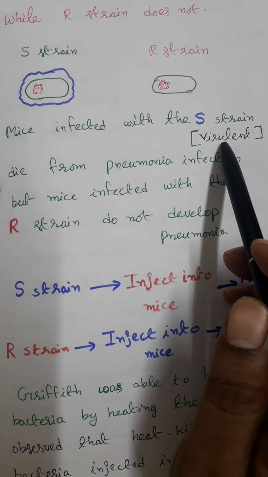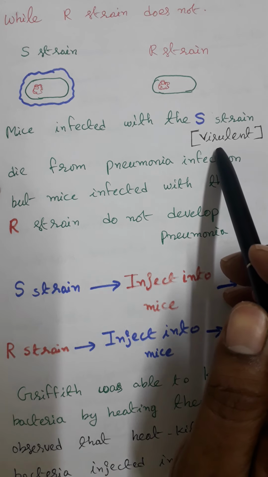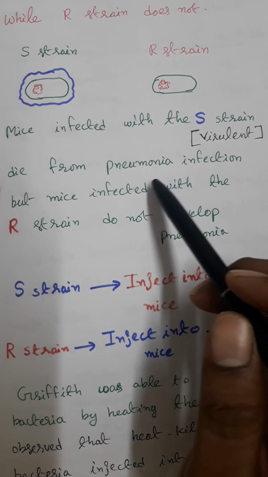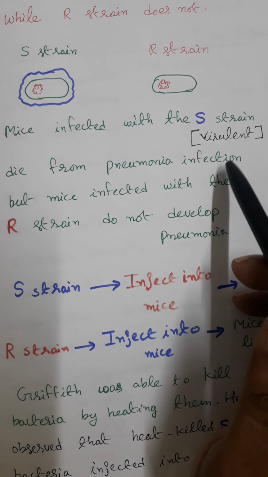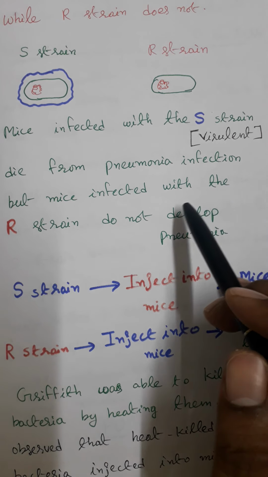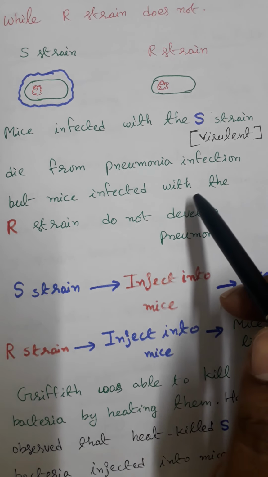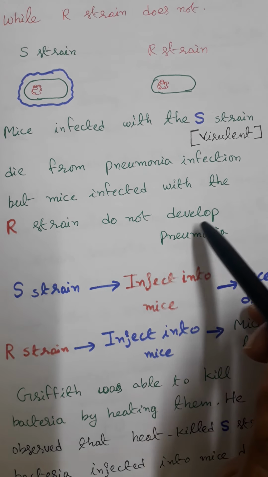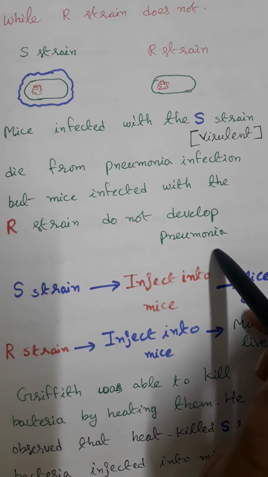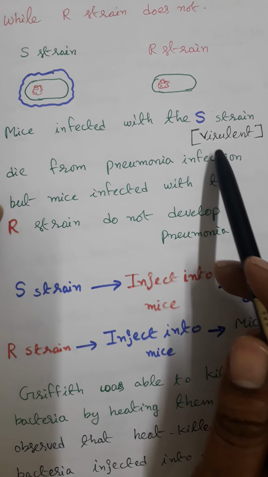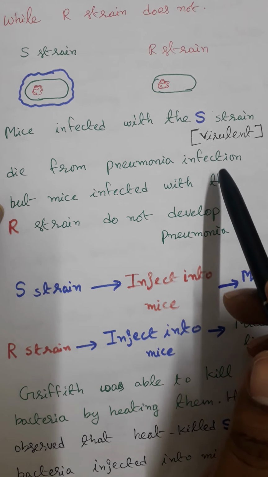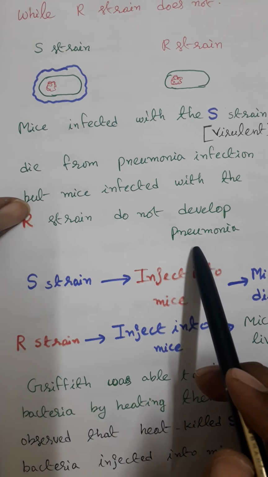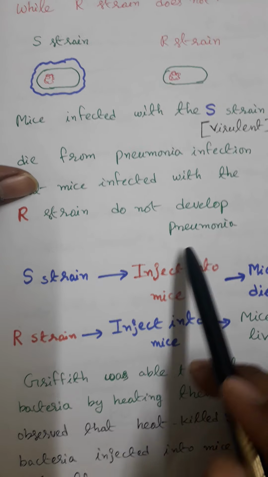Whenever the S strain of bacteria is injected into a mouse, that leads to pneumonia disease and finally to the death of the mouse. The R strain does not develop pneumonia.